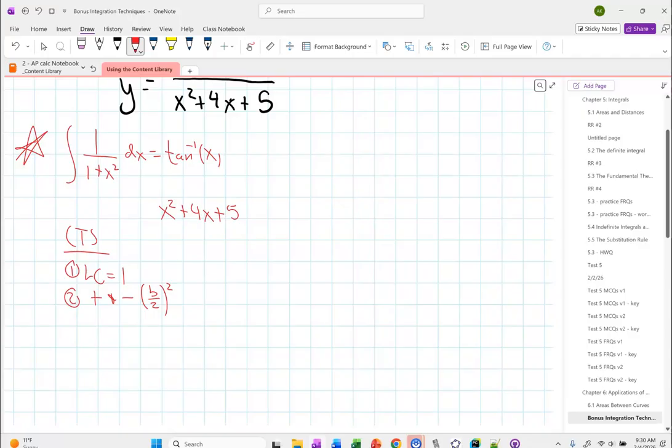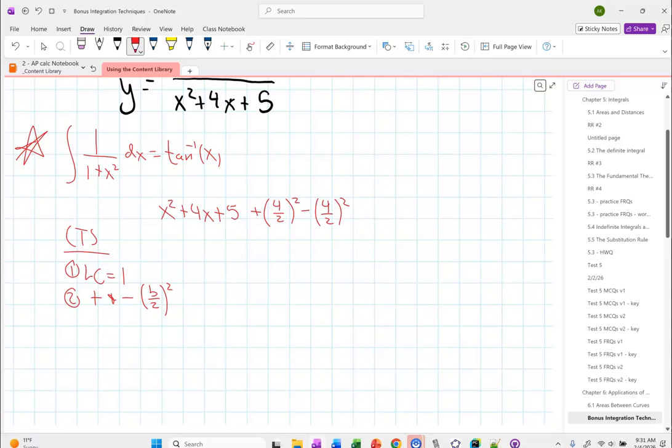The next step is we want to add and then subtract right afterwards, b over 2 squared, so that we can do, right? The b value is 4. Does everybody feel okay there?